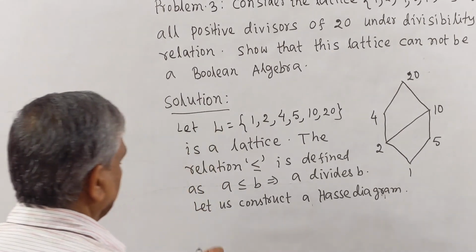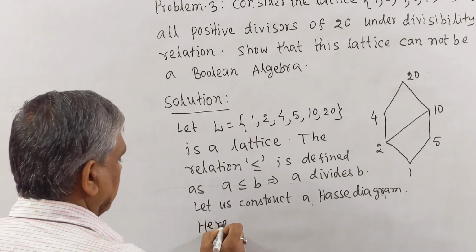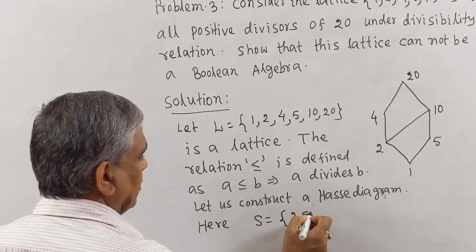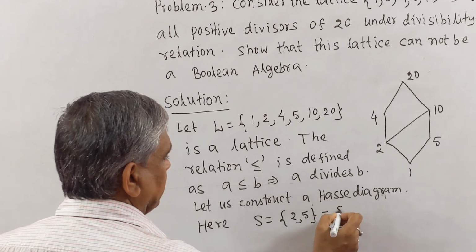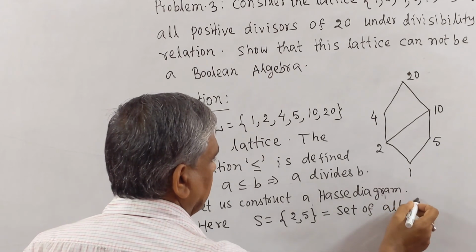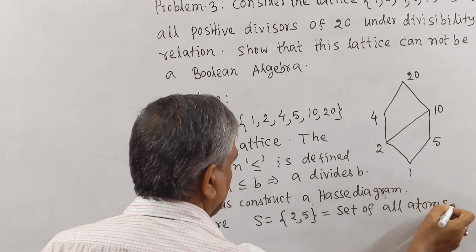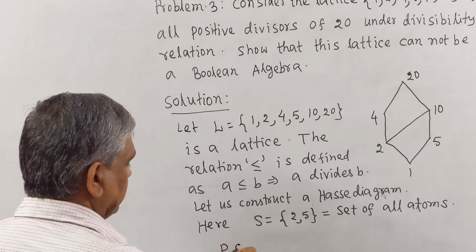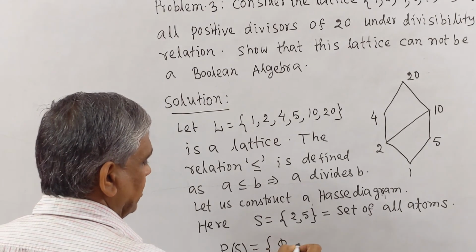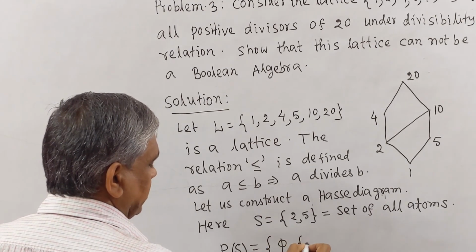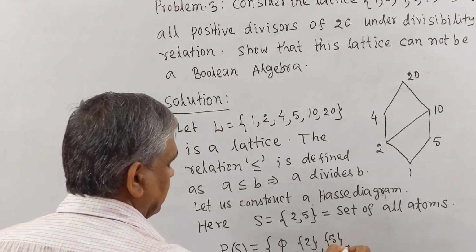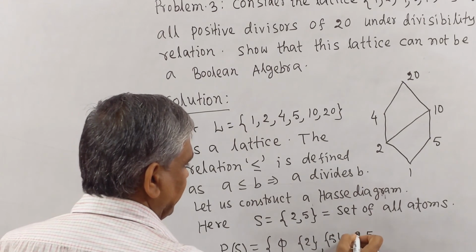Here S equal to 2, 5, the set of all atoms. PS equal to the empty set, the set containing element 2, the set containing element 5, and the set containing elements 2 and 5.